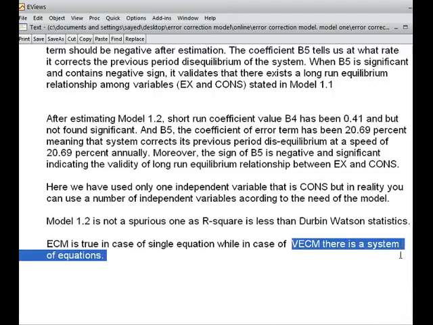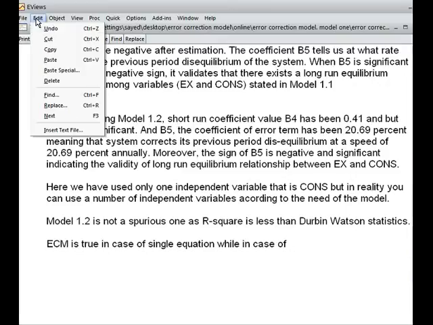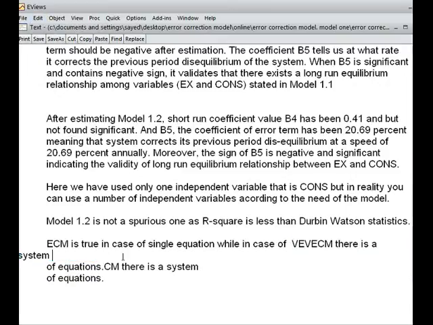VECM happens when there is a system of equations, meaning that there are many equations. Vector error correction model, VECM, means a number of equations can be solved at a time. We can discuss the VECM model later.